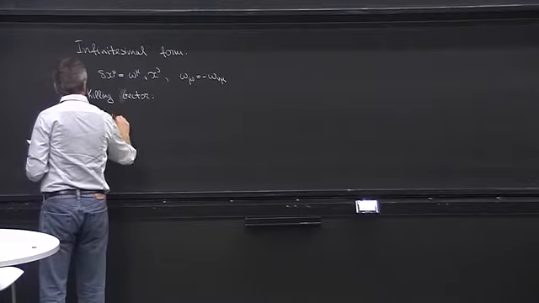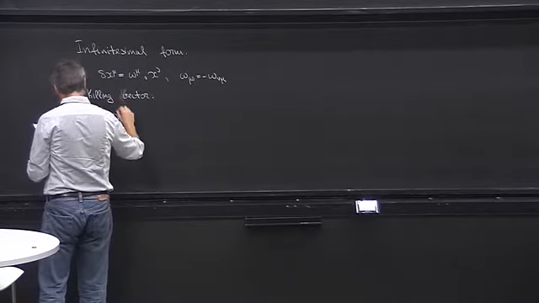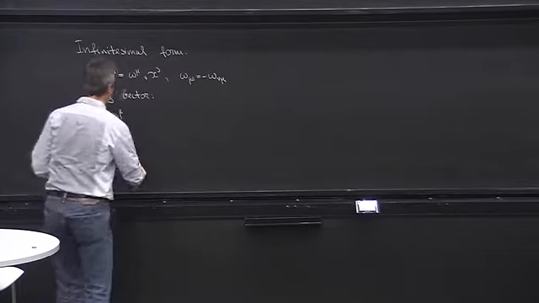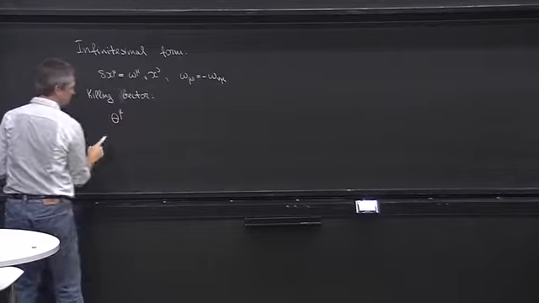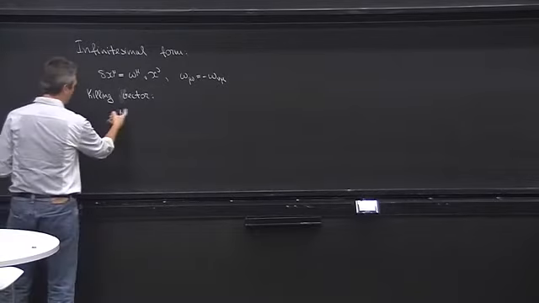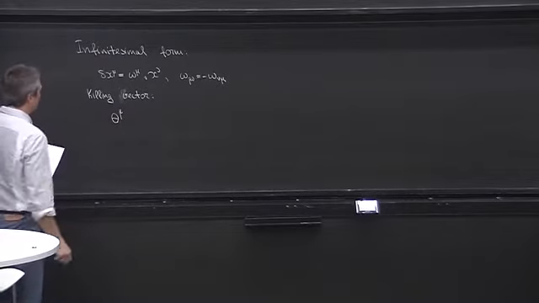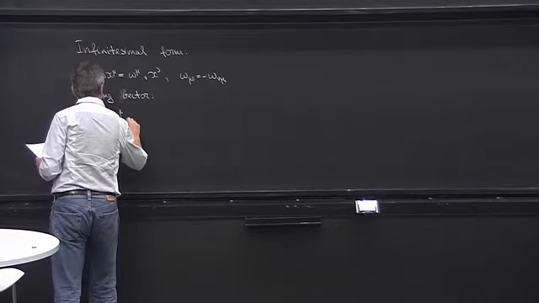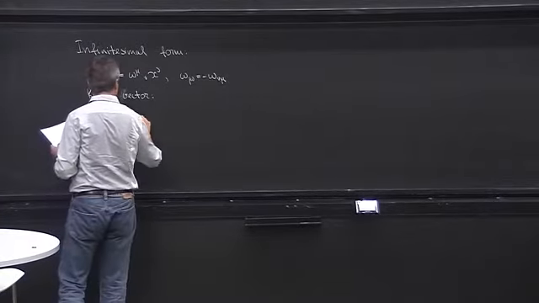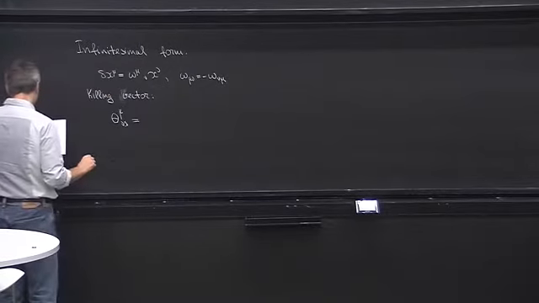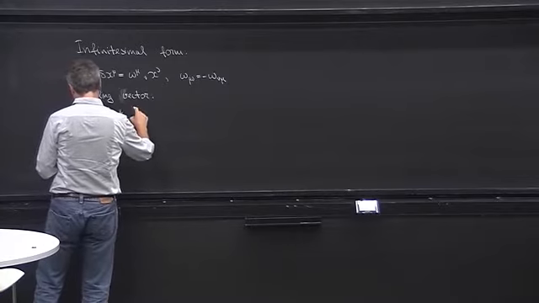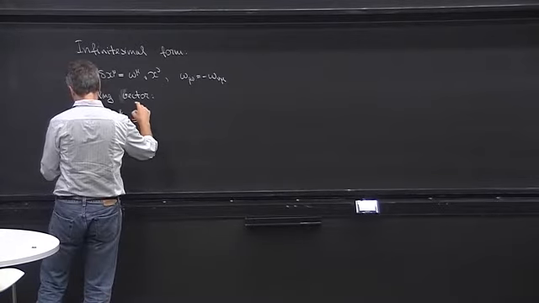And so the Killing vector will have three indices, right? There will be an index that corresponds to the proper vector index. And then the parameter of the transformation is an antisymmetric tensor, because of this equation. So the Killing vector will look like that.